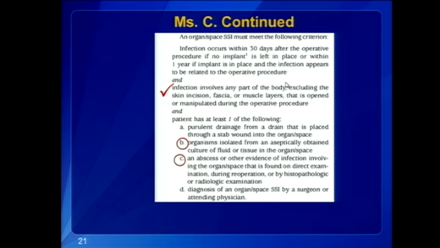It's opened or manipulated during the operative procedure, and the patient has organisms isolated from an aseptically obtained culture of fluid or tissue in the organ space. And additionally, the patient also meets C, an abscess or other evidence of infection involving the organ space found on direct exam, during re-op, by histo or radiologic exam.